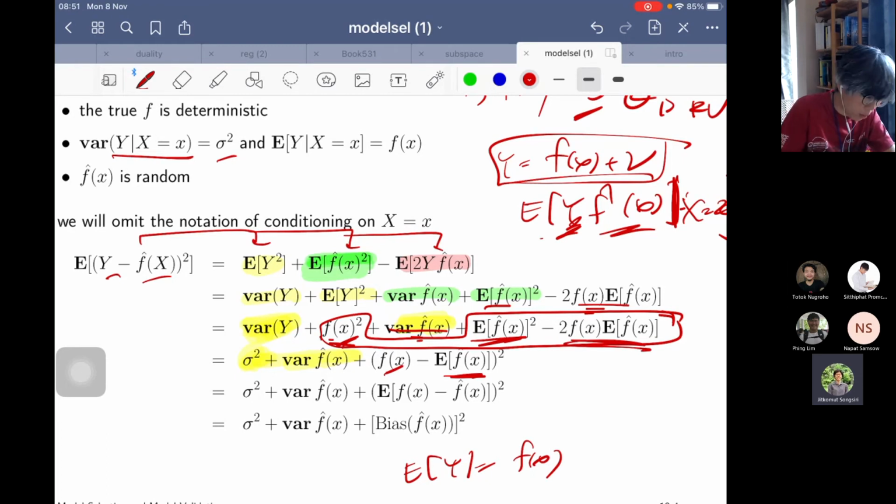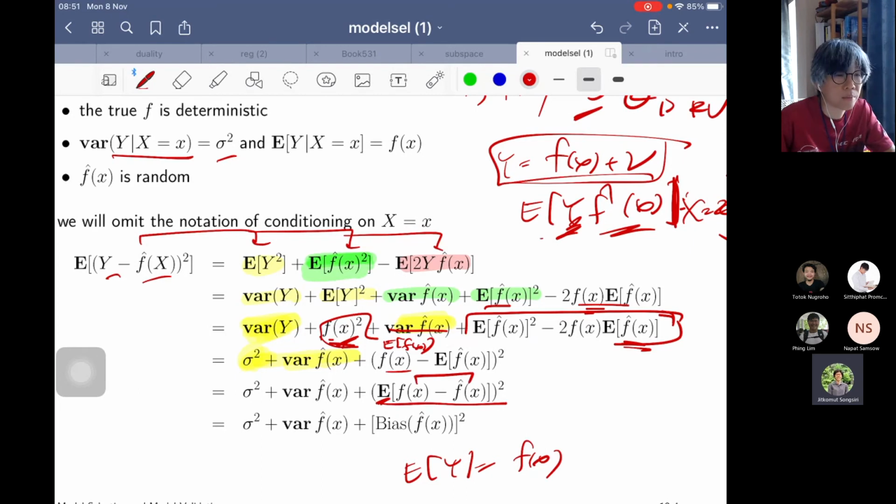Now, at this part, you recognize that f(x) is deterministic, right? So you can also write f(x) as E of f(x) as well, because it's deterministic. And then you take the expectation out of the bracket. So this term becomes the expectation of the difference between f and f hat, squared.